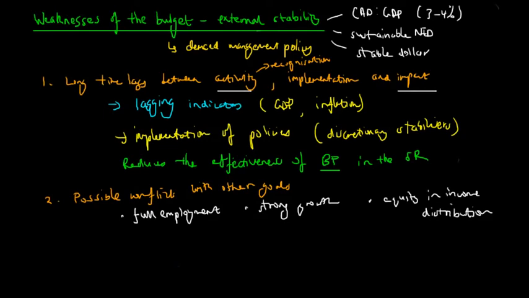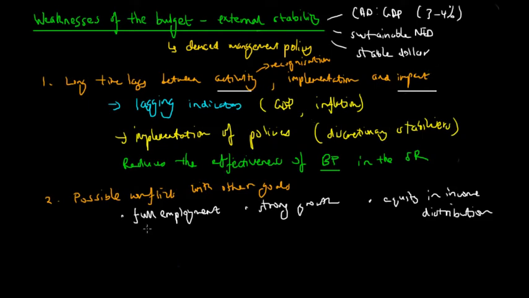And if you want to refresh yourself on how this occurs, simply go to our lectures on how the budget can slow aggregate demand, either through an increase or encouraging national savings, or through automatic and discretionary stabilizers. But we know that the budget can slow aggregate demand and therefore decrease this current account to GDP ratio, and therefore help the economy move towards external stability.